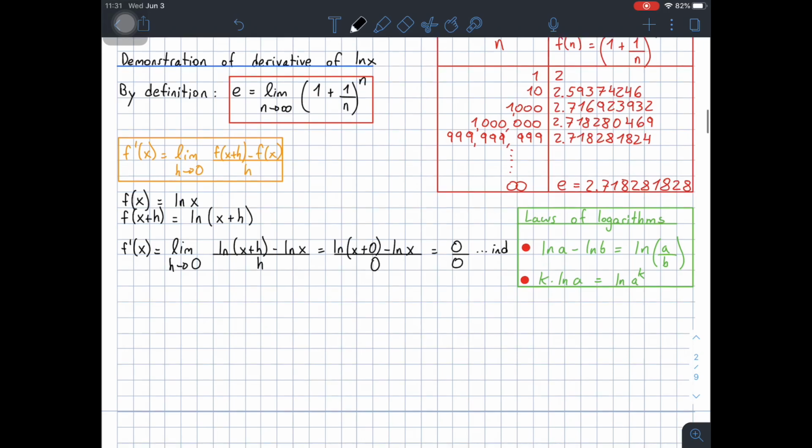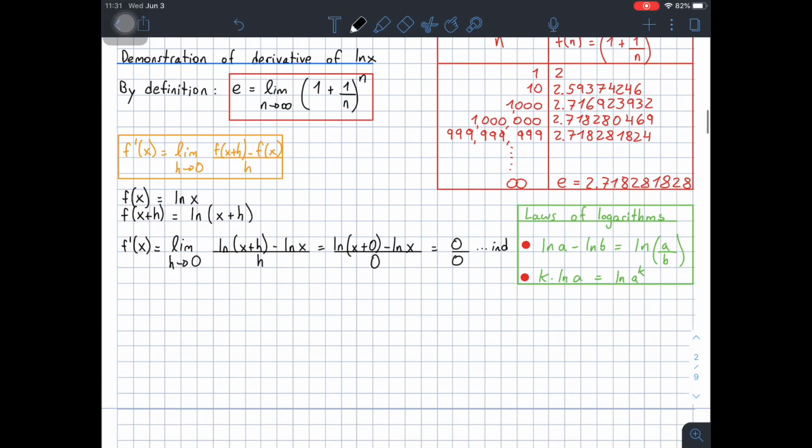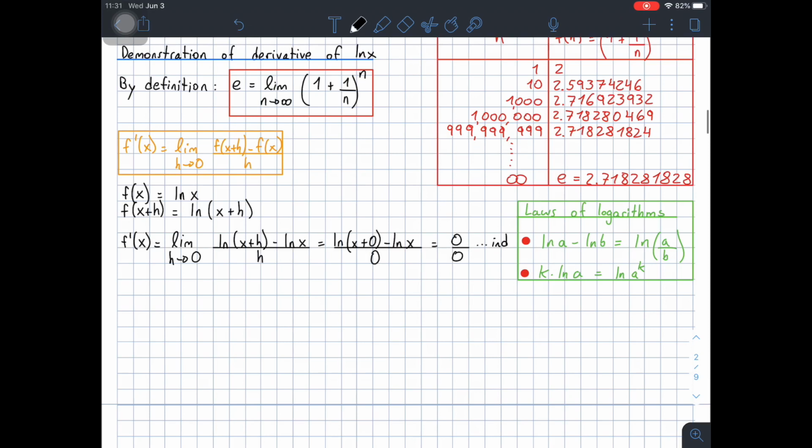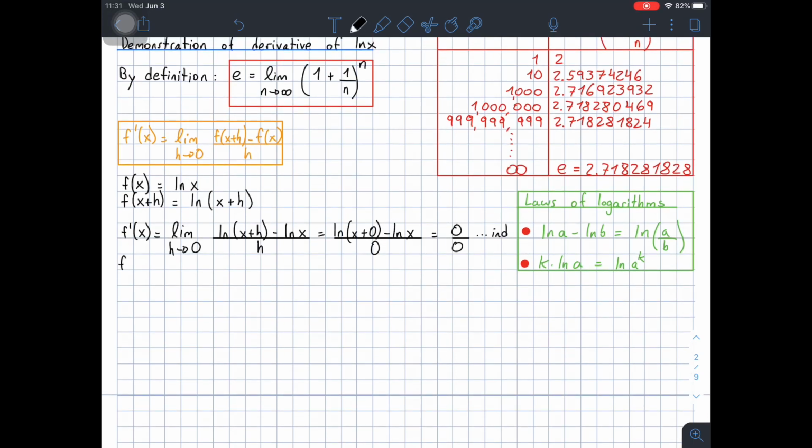Given those two laws, you see that here we have a subtraction of two natural logarithms. So I'm going to apply the first law to rewrite this as a fraction. So f prime of x would be equal to the limit when h approaches 0 of the natural logarithm of x plus h divided by x, all divided by h.